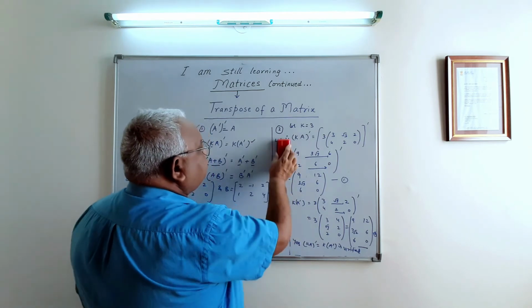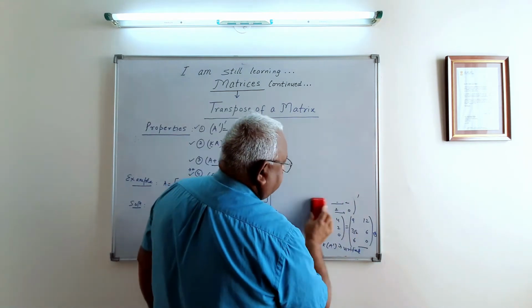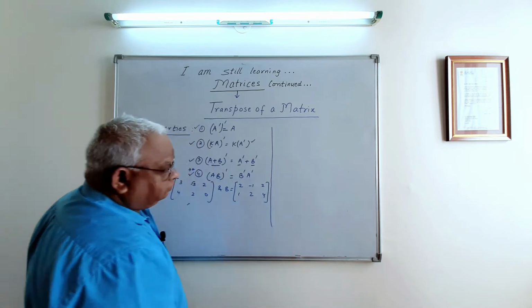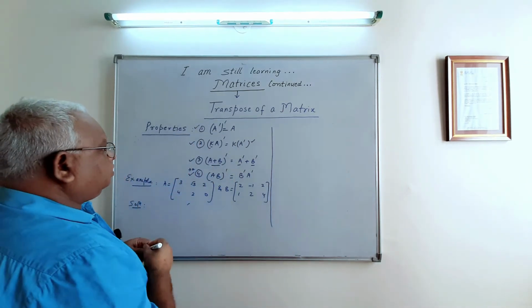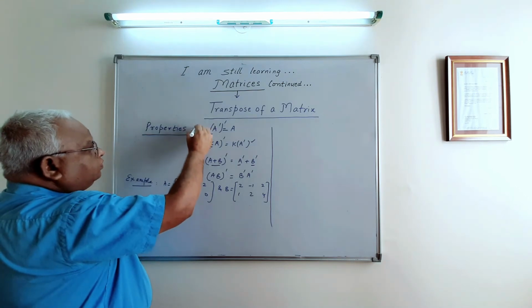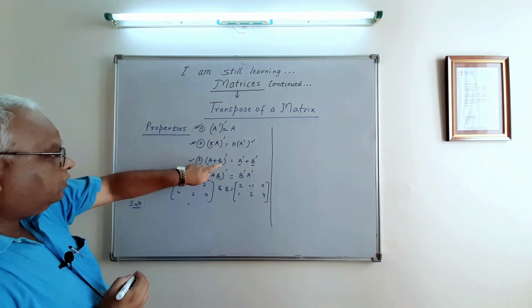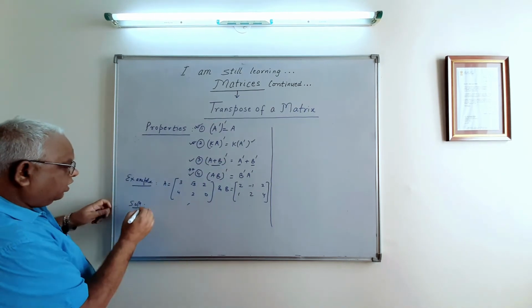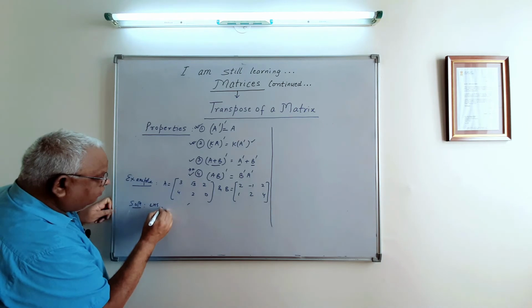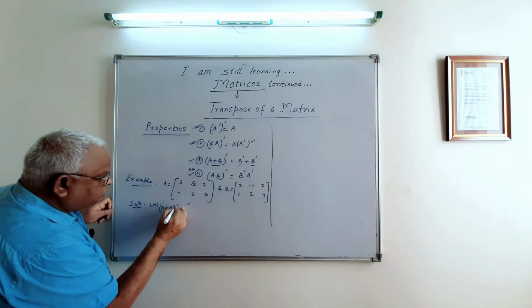Now let us move to the third part. The third property is (A plus B) transpose. So let us talk about the left hand side. Left hand side is (A plus B) transpose.